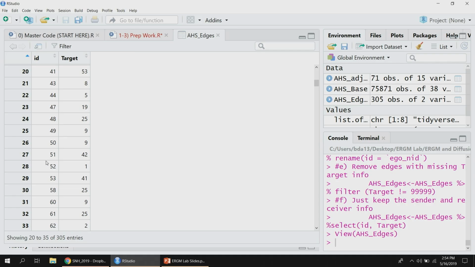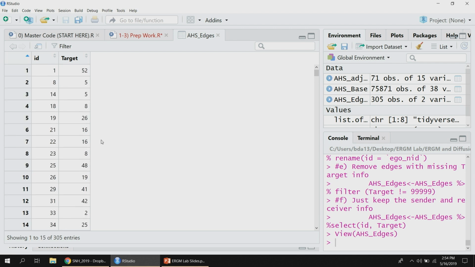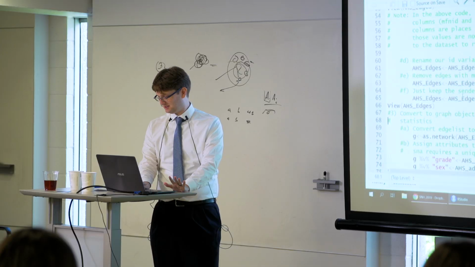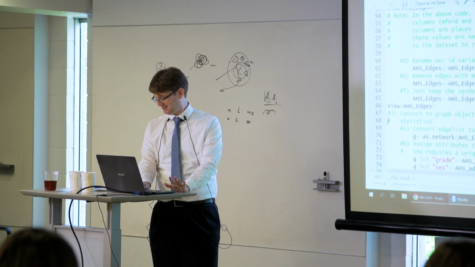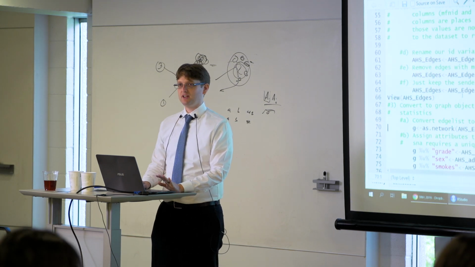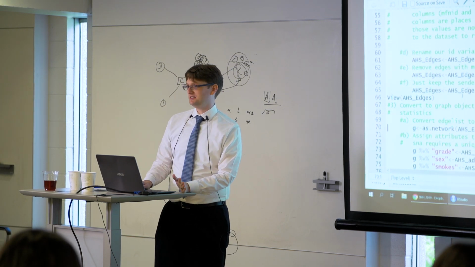We scroll down, person 52 seemed to only have nominated 1. He reciprocated the tie. So we have this edge list, and right, just double check I didn't skip anything. Okay. All right, so we got this edge list, right? And now we're going to start using functions from the SNA package.